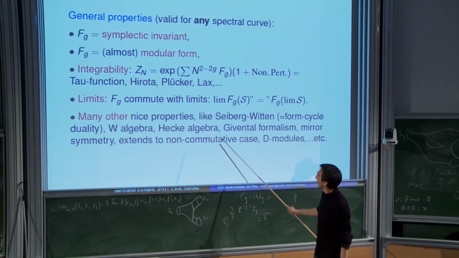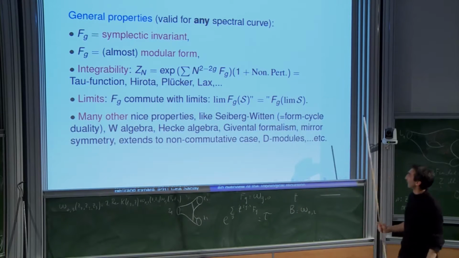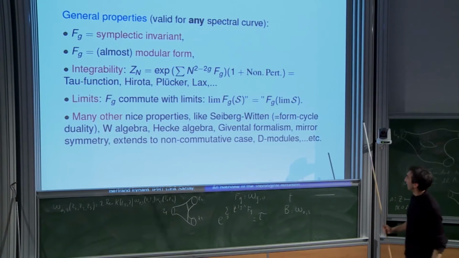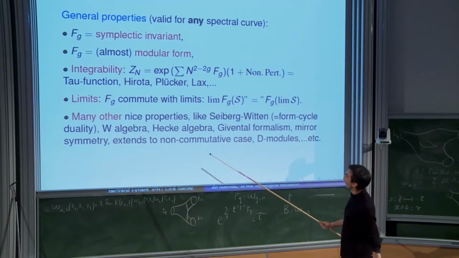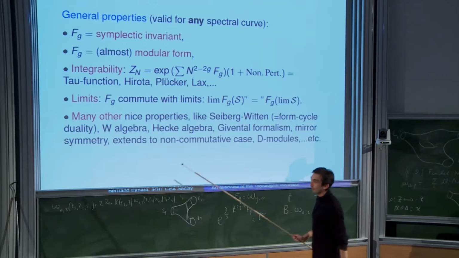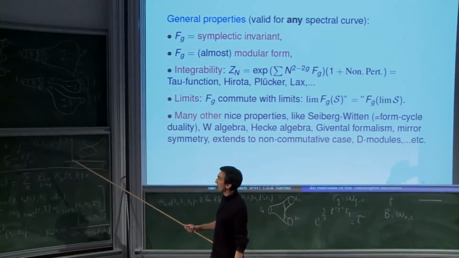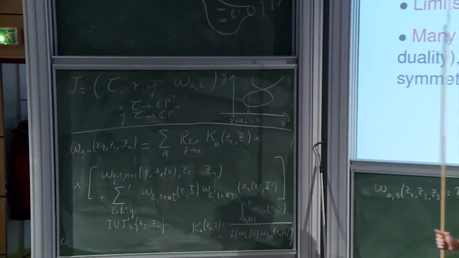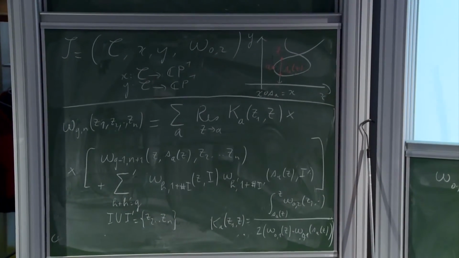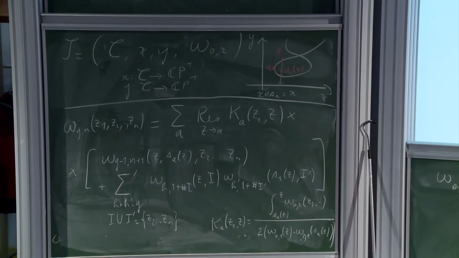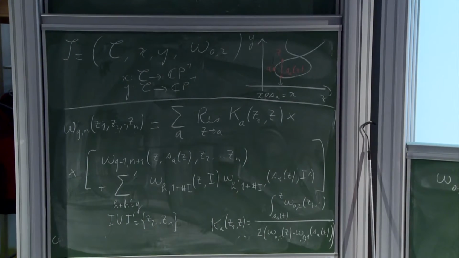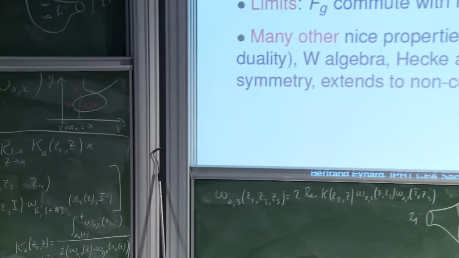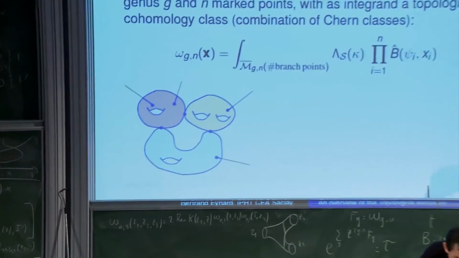Hecke algebras are also there, but I don't want to say. There is mirror symmetry. You can also extend that to non-commutative spectral curves, where x and y don't commute anymore, but you can apply all this formalism, and more or less it works the same way, and it enjoys more or less the same properties. I don't want to go really too far.